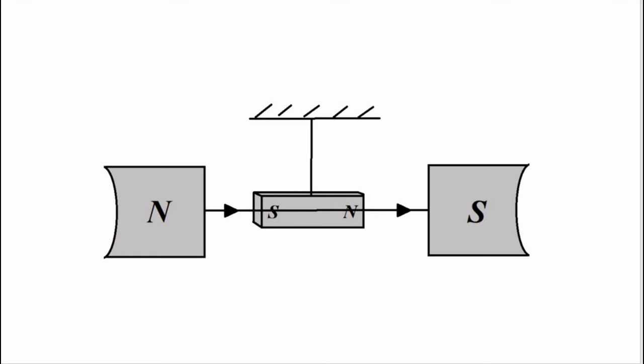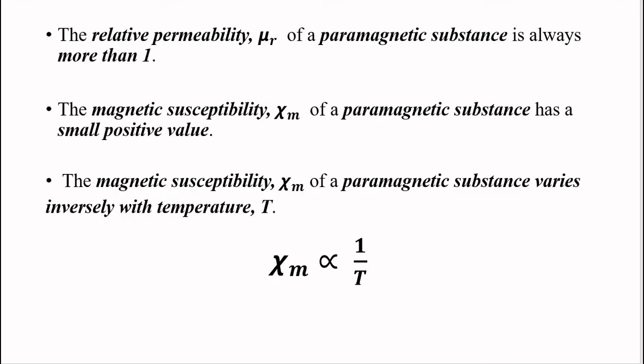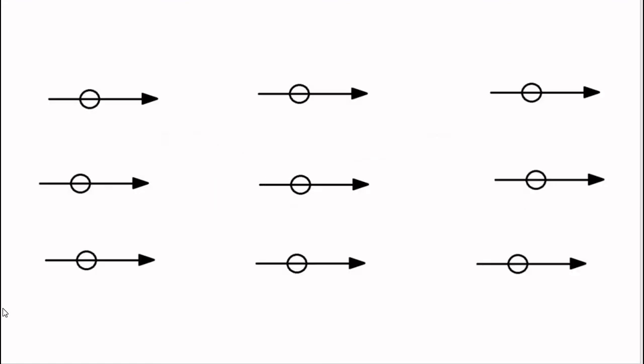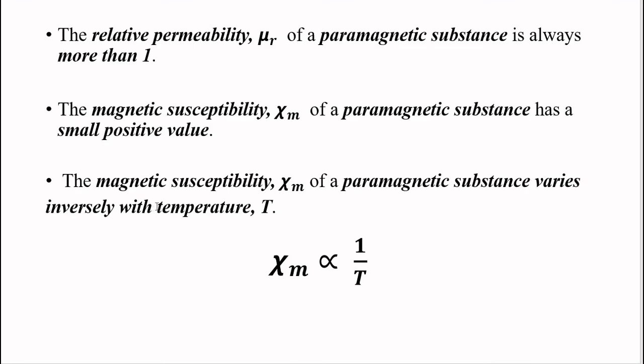Then the other important characteristic is that the relative permeability of a paramagnetic substance is more than one, which explains why it acquires attractive type magnetic behavior because of the non-zero orbital magnetic dipole moment. It is just greater than 1, not a very high value.